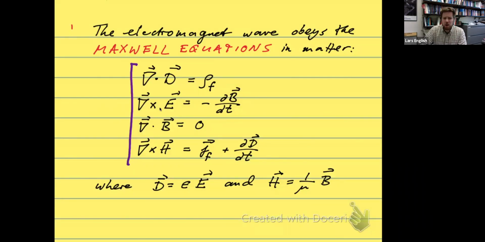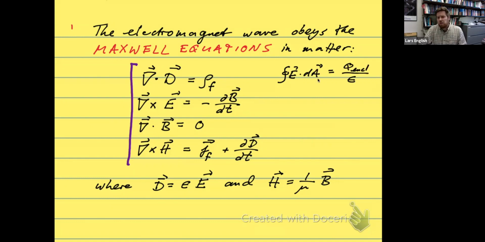For instance, we see here that this is basically Gauss's law, right? The D is basically the E, so now you have the divergence of E being equal to the charge density. Or in 132, we wrote it as this, Gauss's law.